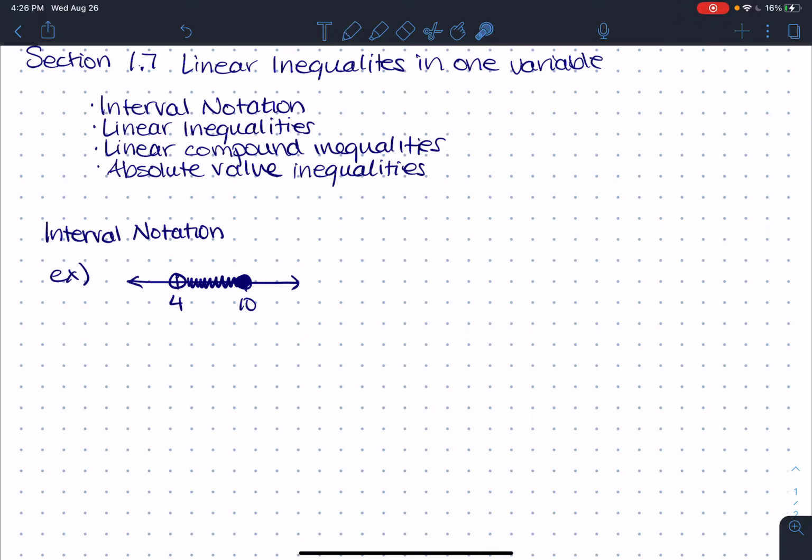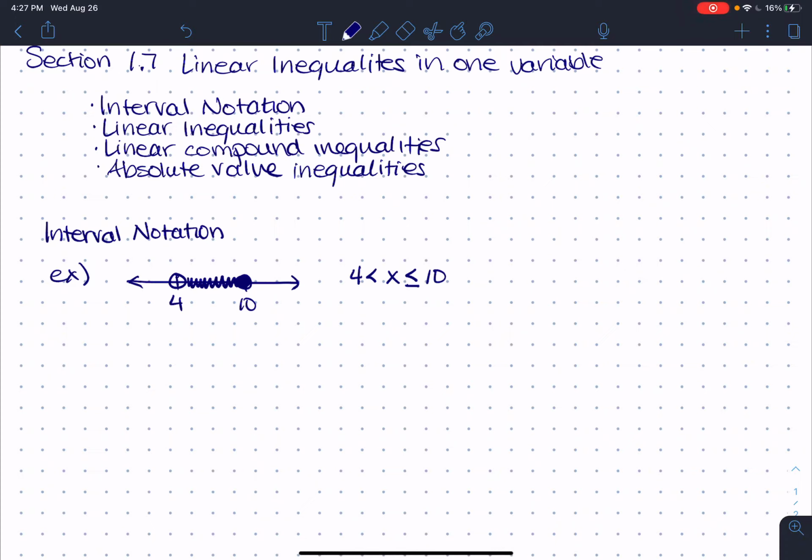Sometimes it gets a little tricky, but it's not that bad. The way I think about it is I'm talking about the numbers between 4 and 10. So when I write it as an inequality, I physically put the variable in between 4 and 10. And then since 4 is less than 10, I put less than symbols, and I want to include the 10. So this all says the same thing.